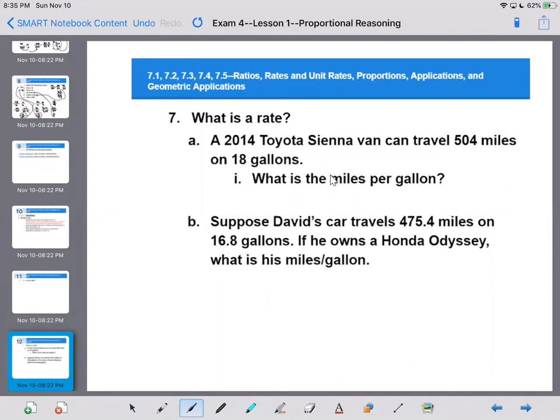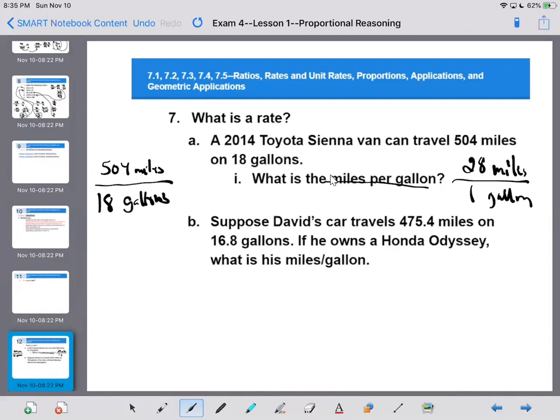So a Toyota Sienna can travel 504 miles in 18 gallons. I just want to know what it would be in miles per gallon. If I can divide 504 and 18 and get that down to 1, that would give me 28 miles per 1 gallon.